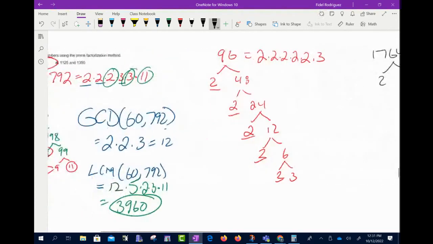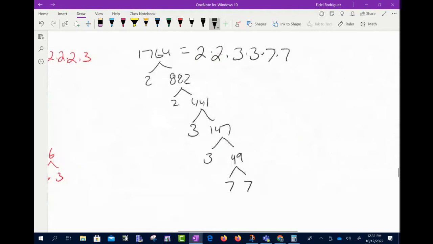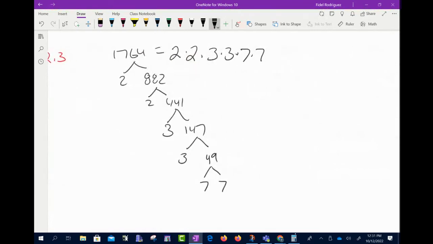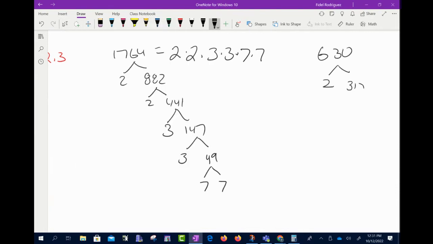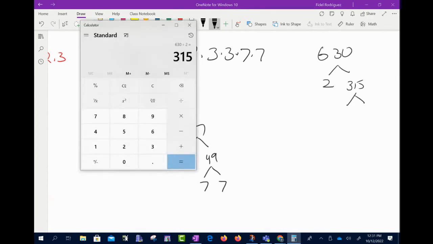And I believe there was another number, 630. Okay. Let's take 630. I'm going to divide it by 2. 315. Okay, I know I can't divide that by 2. I'm curious, can I divide it by 3?